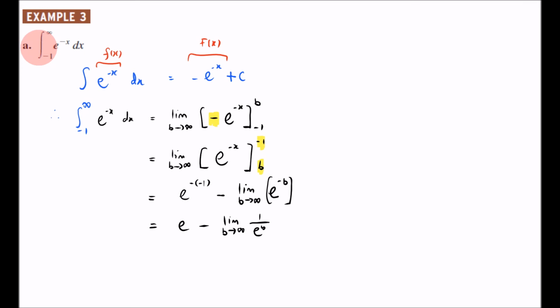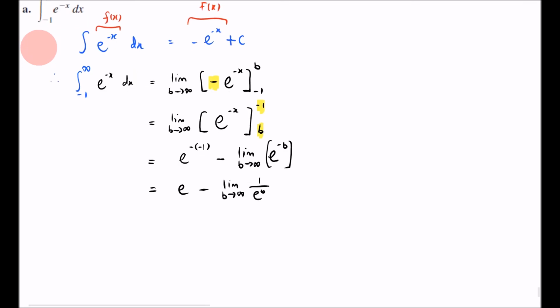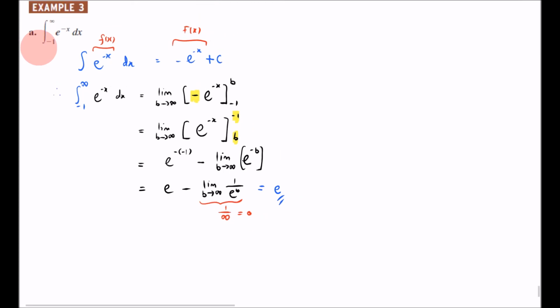Of course this will give you 1 over infinity, which is 0. So ultimately the answer is e to the minus 1. That is how you can do this type of improper integration.